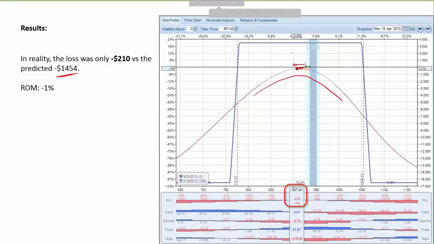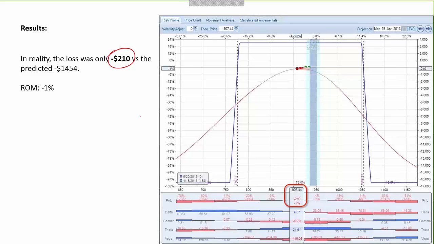But from a Vega perspective, the software was telling you that even though you're not going to get hurt too much by delta, you're going to get pretty whacked with the Vega impact. Yet, the reality was very different. He hardly got affected by it. Why? Because it's so far out in time.